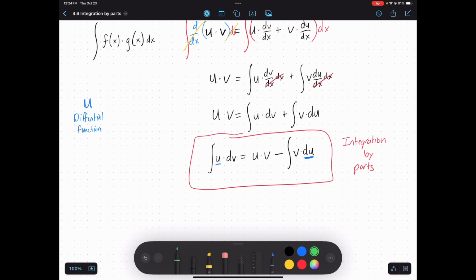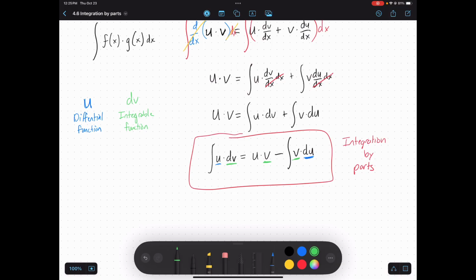But then my other piece is this dv piece. dv represents a function, but instead of being a differential function, if I start with dv and end up needing to figure out what v is, that means I'm actually integrating it. I'm finding the antiderivative. So this is what we call the integrable function. Because with this function, I'm doing the opposite. I'm taking the integral of it.